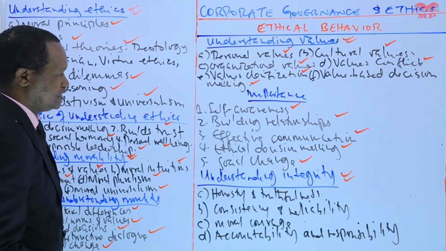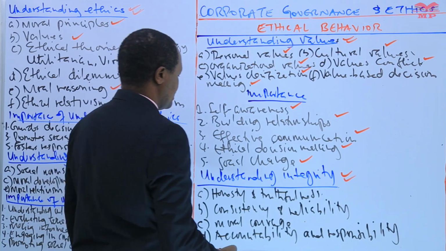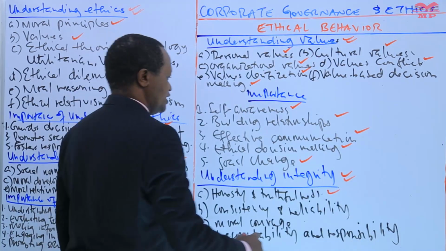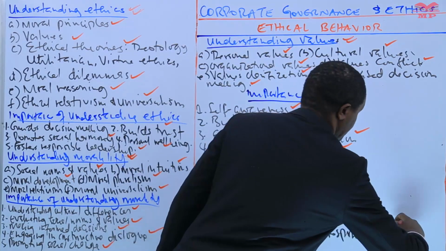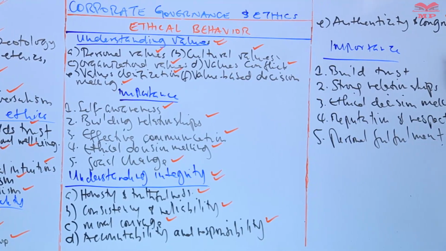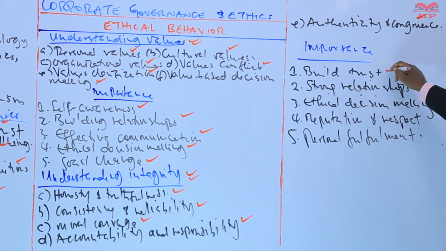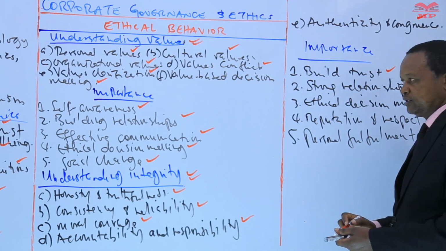We started by defining integrity, then we outlined the various aspects of understanding integrity, starting with honesty and truthfulness, consistency and reliability, moral courage, accountability and responsibility, and lastly, authenticity and congruence. Then there are 5 reasons why we ought to study integrity. It builds trust, leads to strong relationships, ethical decision making, reputation and respect, and moral satisfaction or fulfillment.